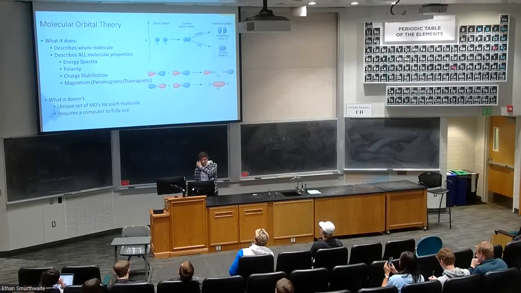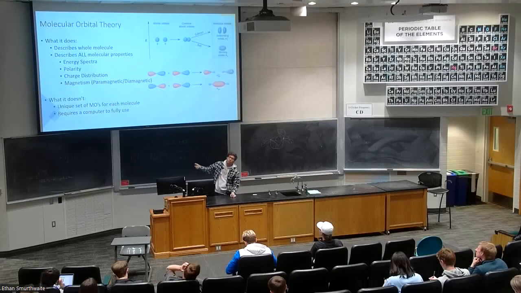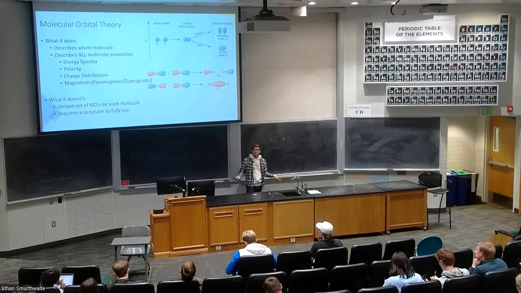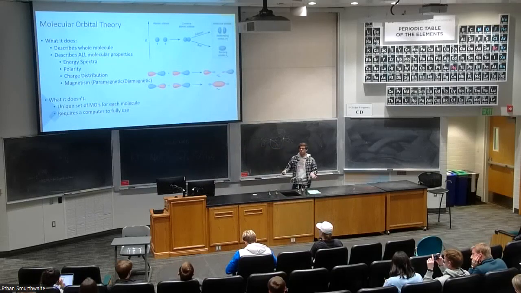It describes magnetism, so paramagnetic or diamagnetic. It's not easy to use, is basically what you should know. You kind of need a computer to find out those things really well. But for our purposes, we're not going to be giving you supercomputers to do the molecules, obviously. We're just going to have little diagrams so you can do it.